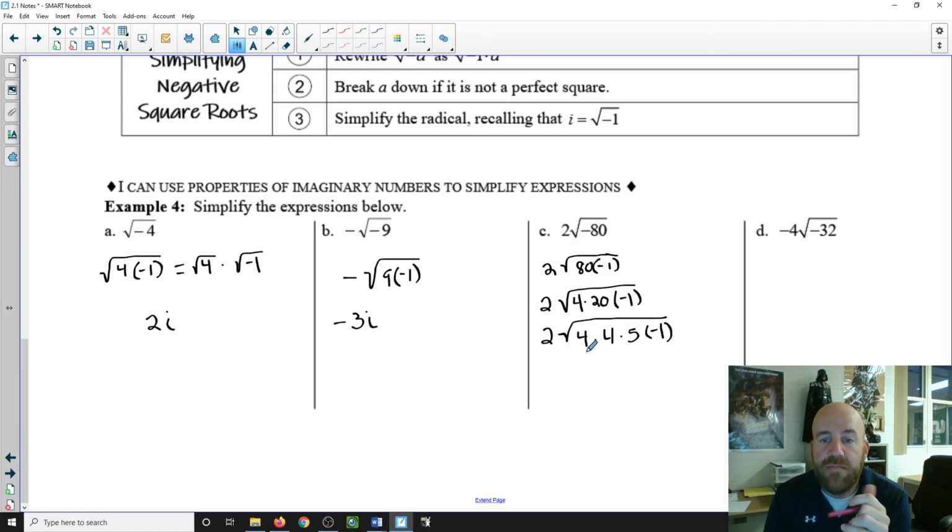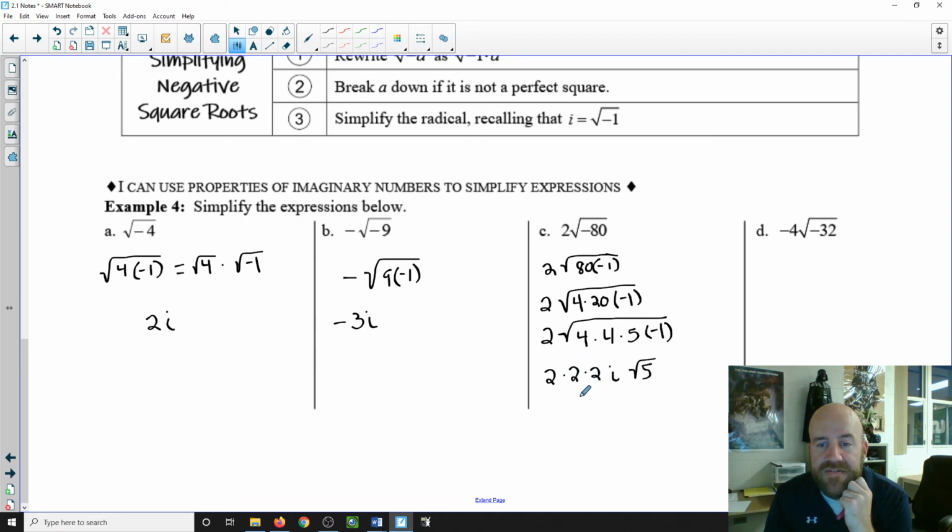And then we can pull them out separately. So square root of 4 is 2, square root of 4 is 2. So we have that on the outside. And remember, we're multiplying everything together when we pull it out. And then we have this negative 1, which we could write as an i. And then square root of 5 can't be taken out.